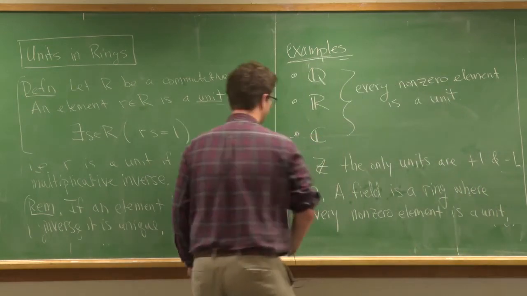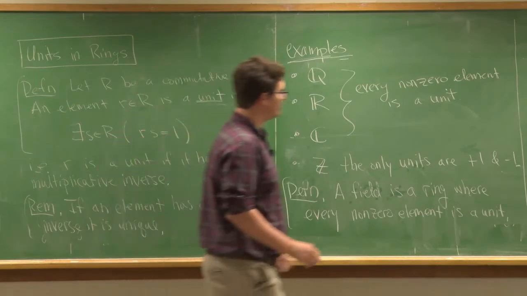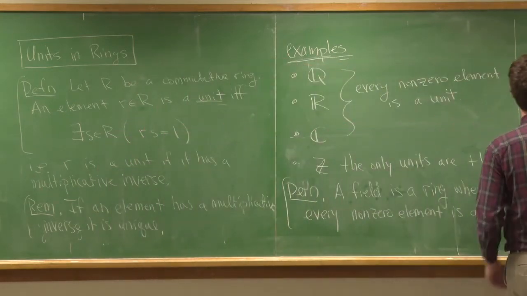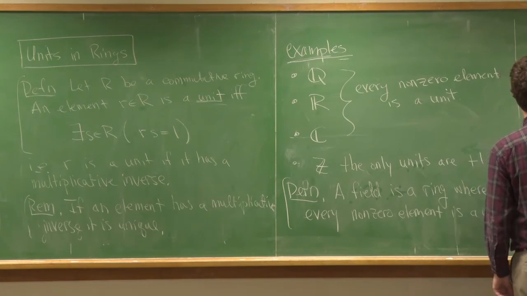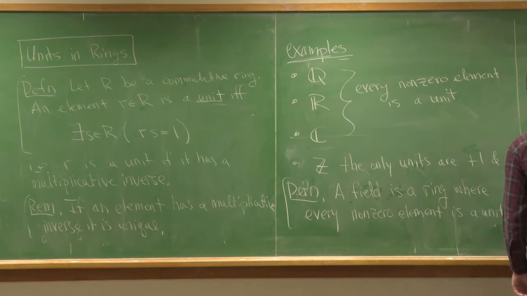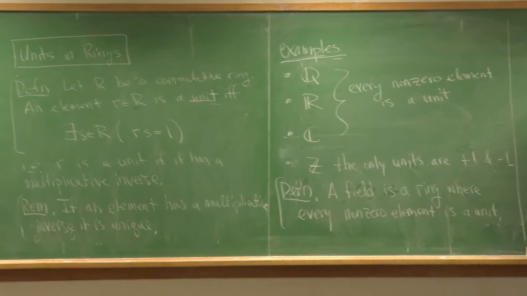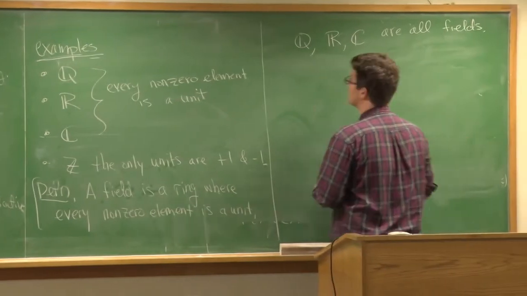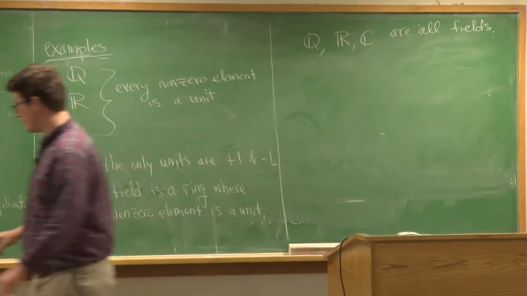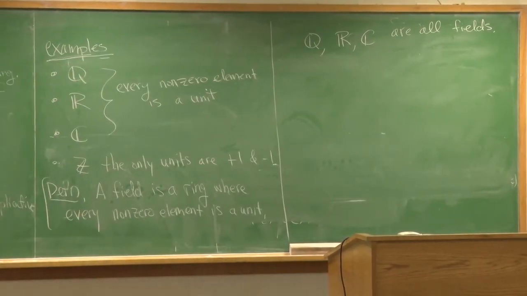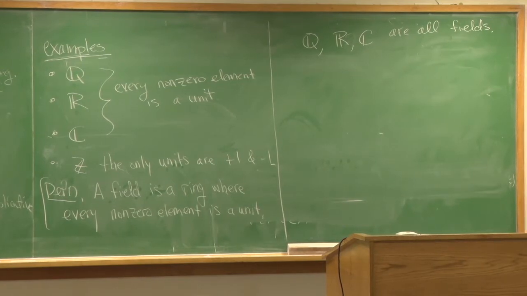So Q, the rational numbers, R, the real numbers, and C, the complex numbers, these are fields.